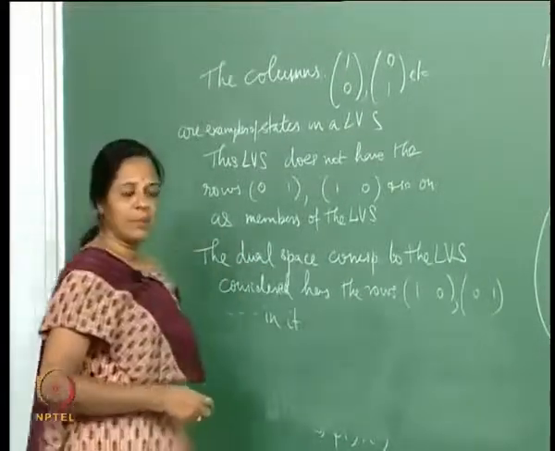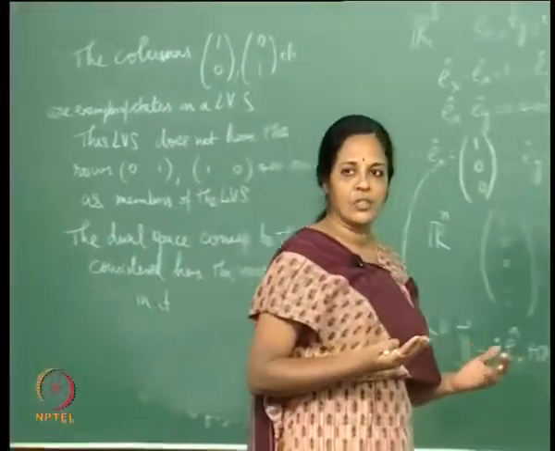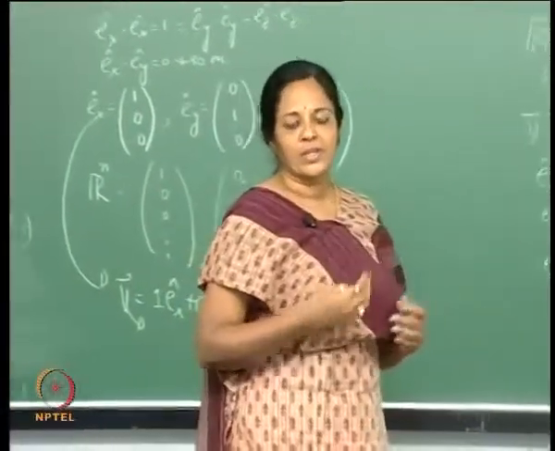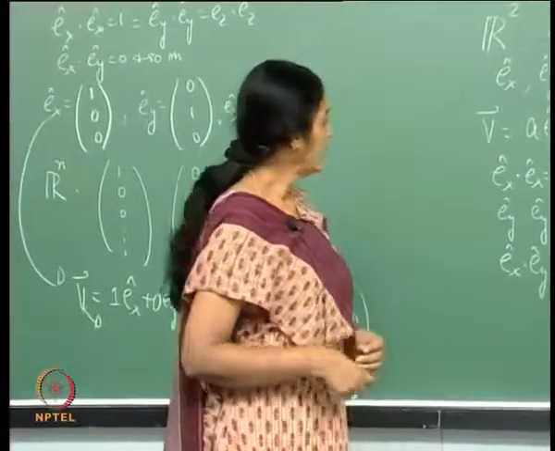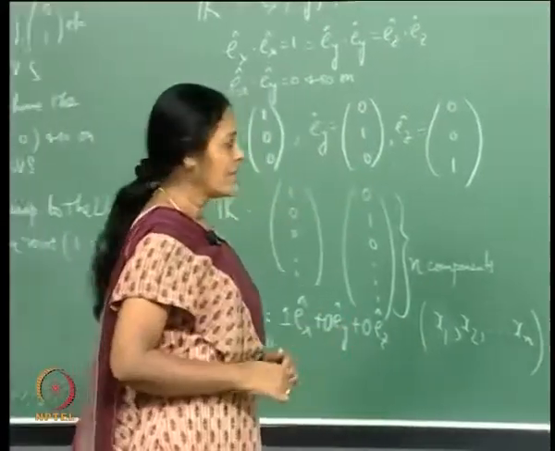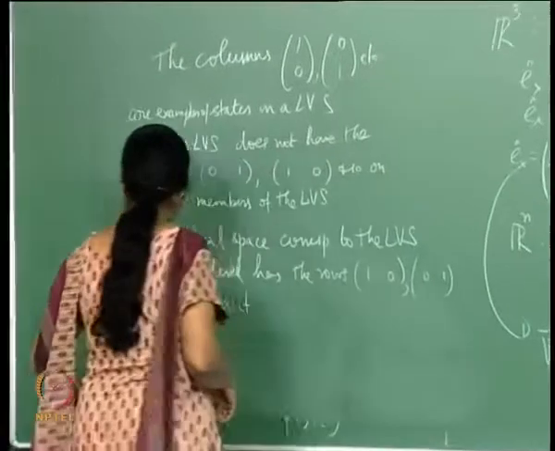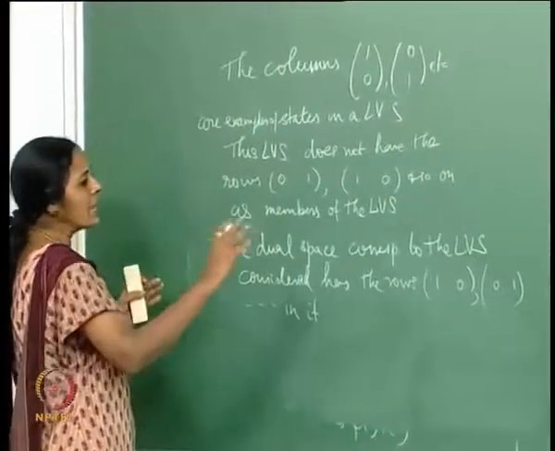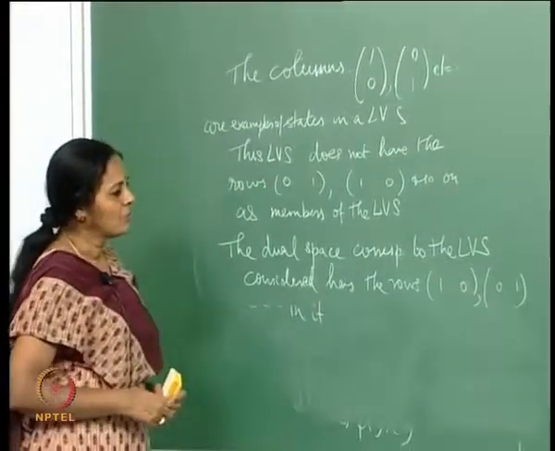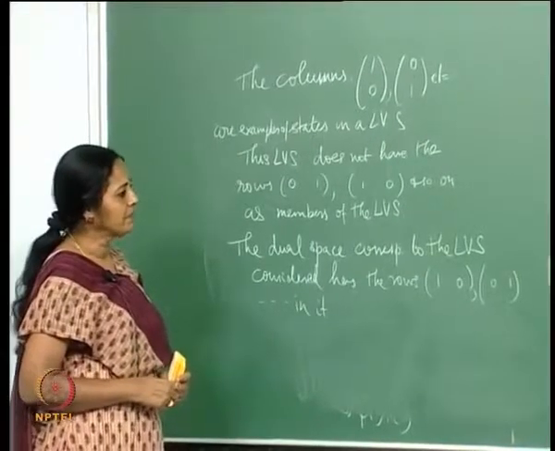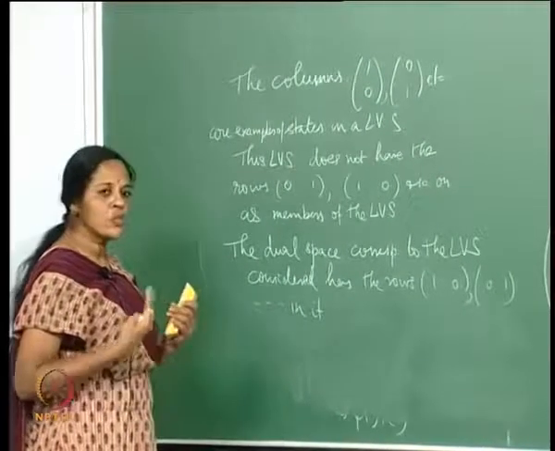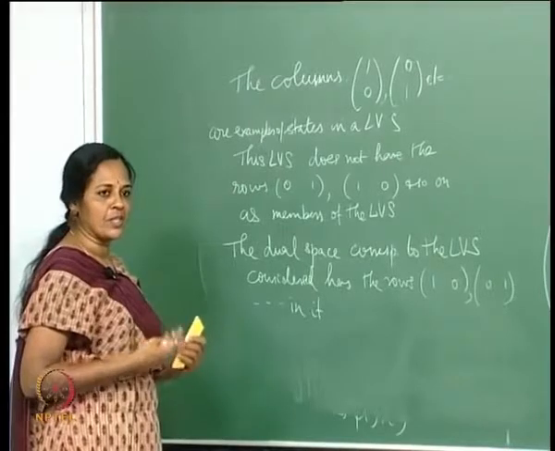This is merely an example. Every linear vector space has a dual space corresponding to it, and the members are in general different.